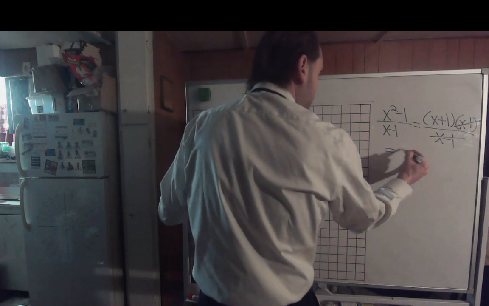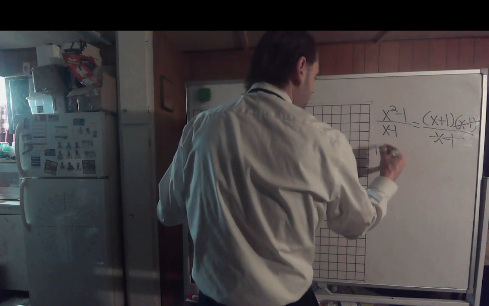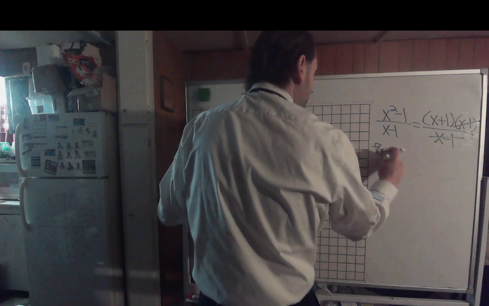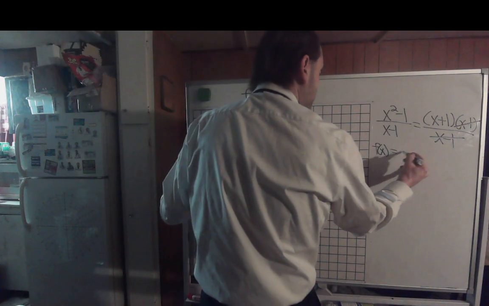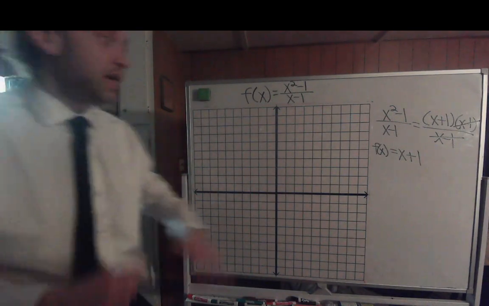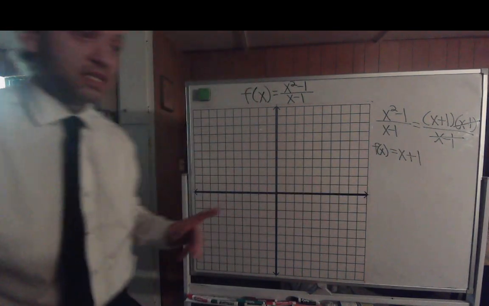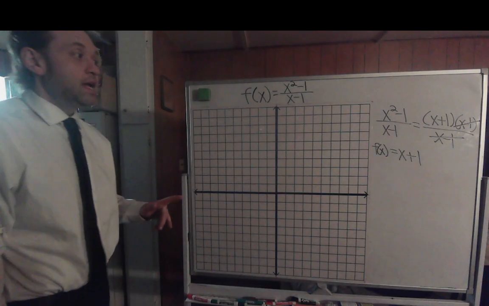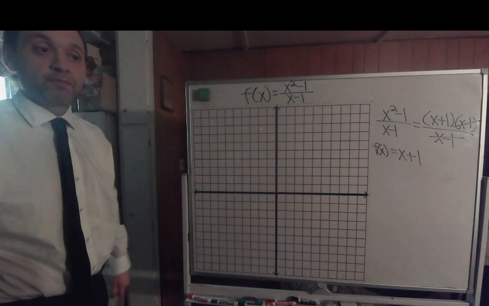So you should literally be left with f of x equals x plus 1. That's partially correct. This is going to be a lot like graphing f of x equals x plus 1, except for one thing.